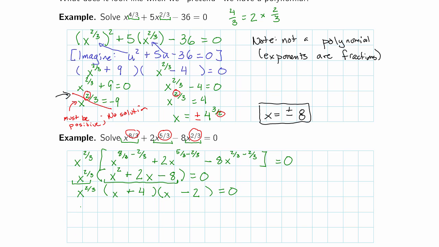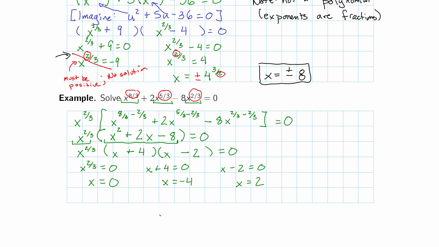So one of my factors is 0. x to the 2/3 might be 0. x plus 4 might be 0. x minus 2 might be 0. If x to the 2/3 is 0, then the only way for that to happen is if x is itself 0. x plus 4 is 0, that's x is -4. x minus 2 is 0, that's x is 2.